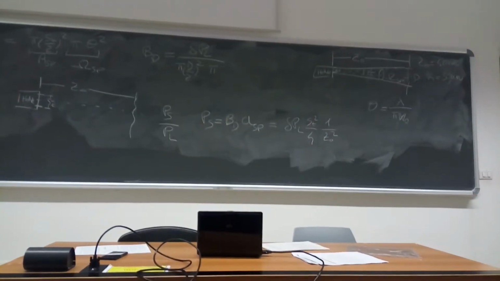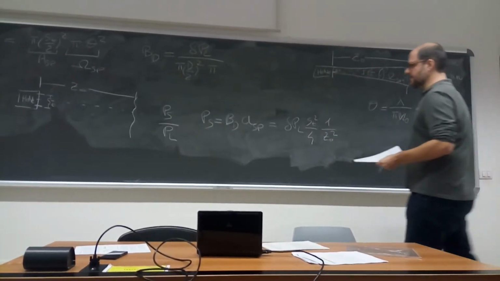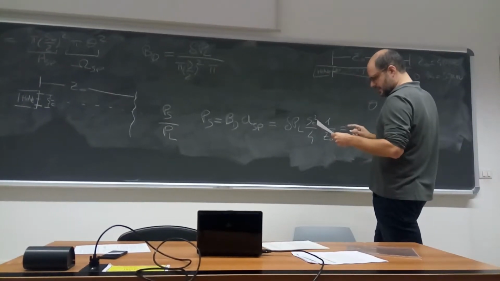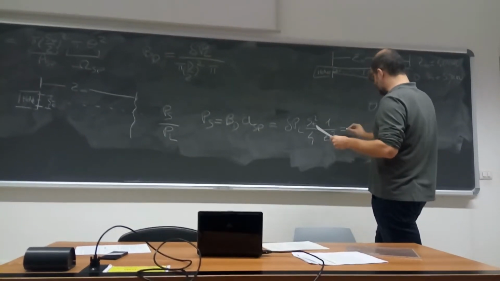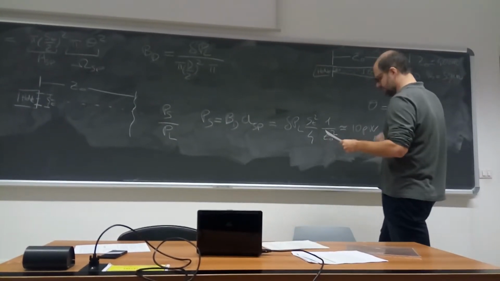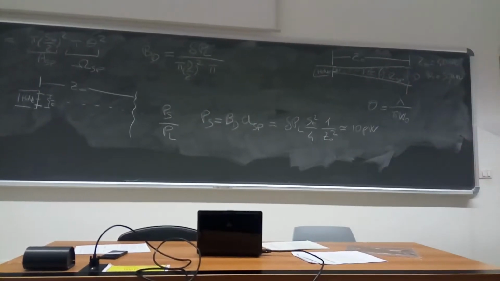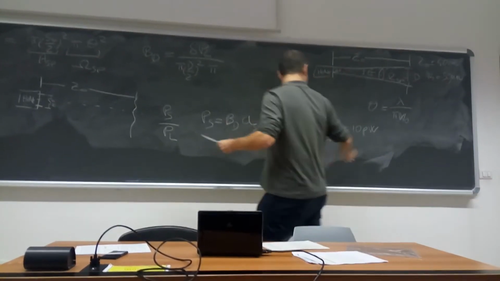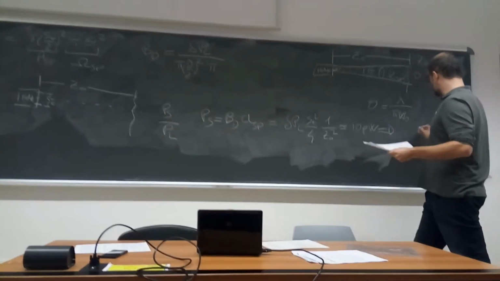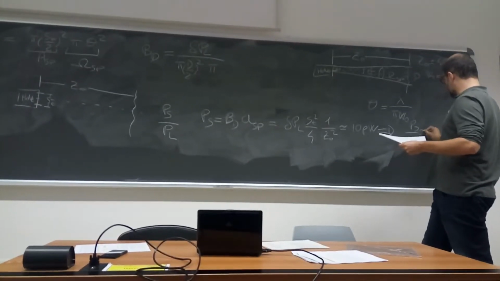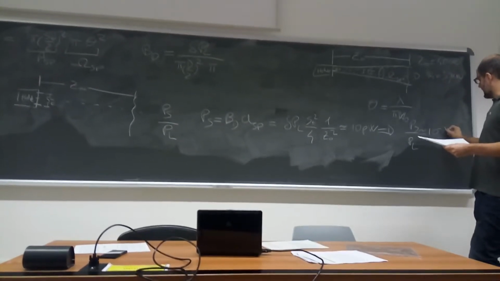In particular, this is equal to more or less 10 picowatt, so that the ratio of PS over PL is more or less equal to 10 to the minus 8.